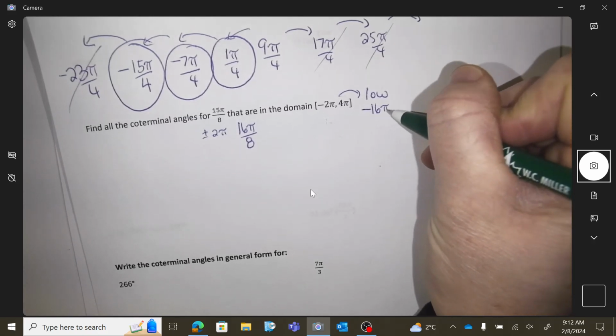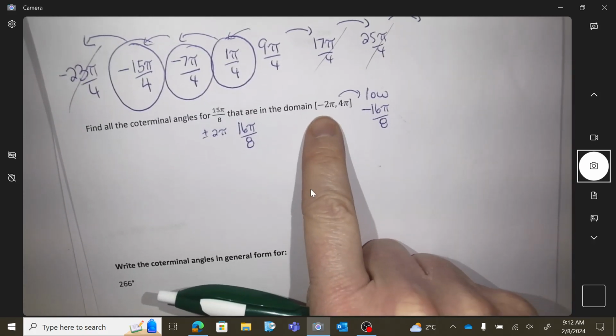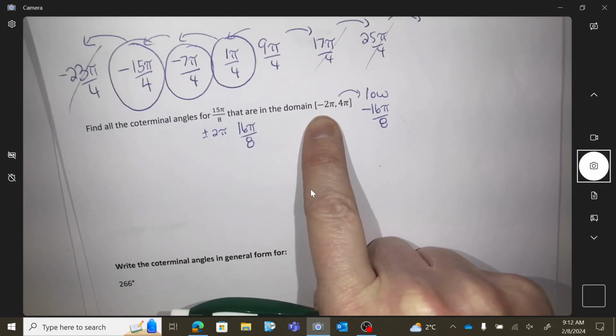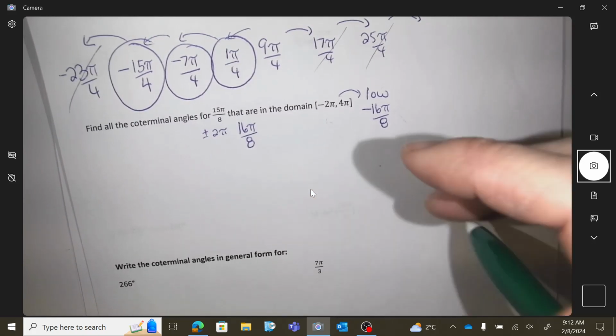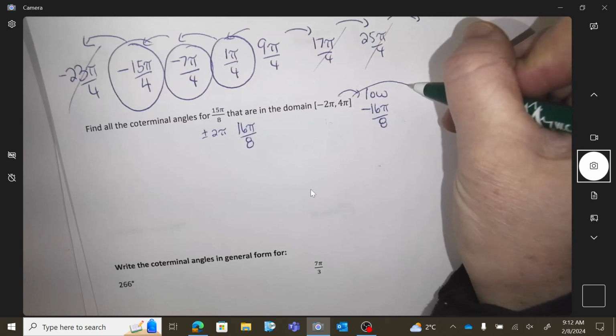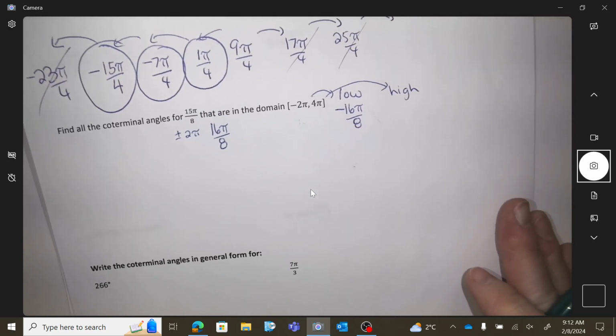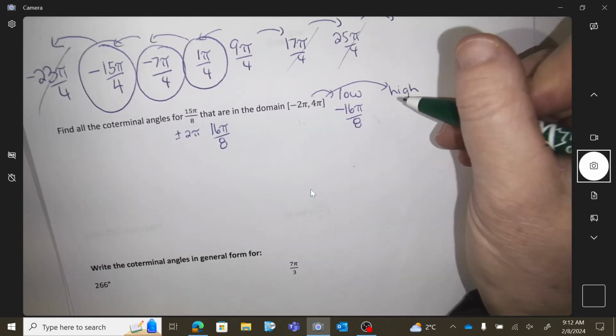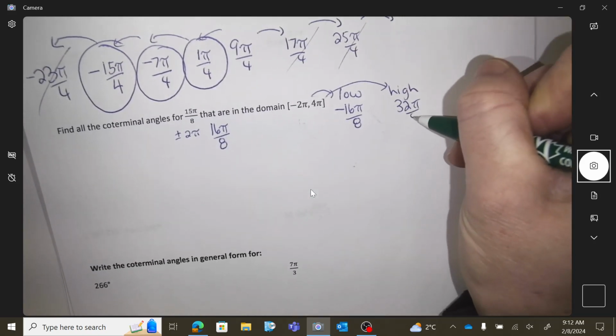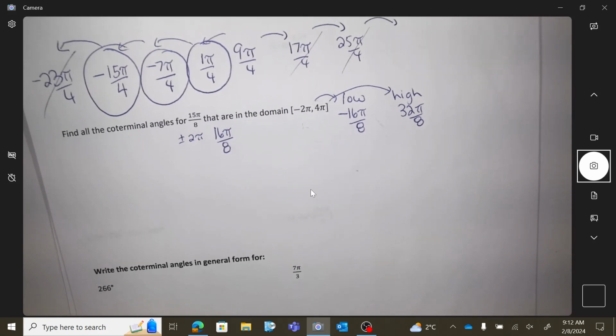Negative 16 pi over 8 is the lowest. And what's the highest? 32 over 8, because that's a 4.